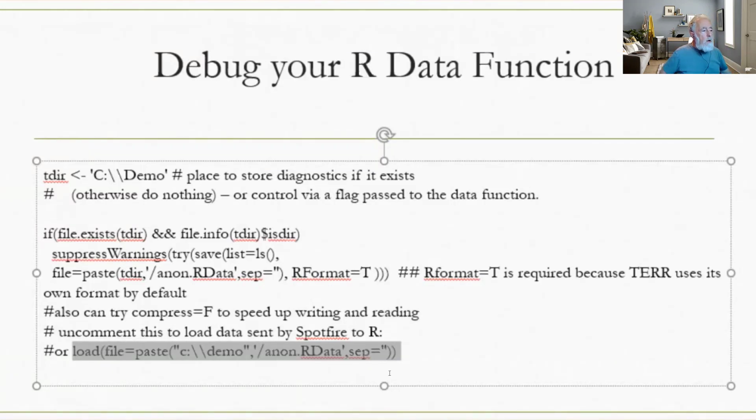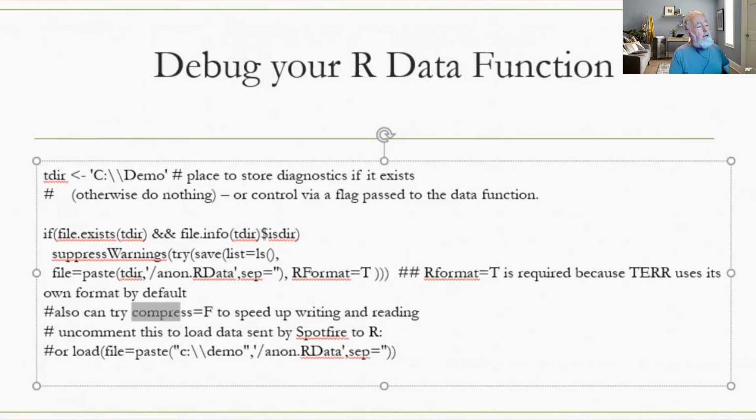So one of the tips that I've just recently come upon is when you write R data, there's a couple of options. Well, this one is a long-standing one, because R has its standard format for R data objects, whereas TERR uses, by default, a different format that has some efficiencies, but it's not standard.